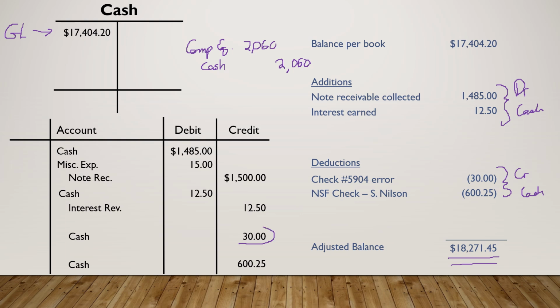This credit to cash combines with our previous credit to cash for $2,060 to yield the correct credit amount. This analysis also tells us that we debited computer equipment for $30 too little. So that's where our debit should go.